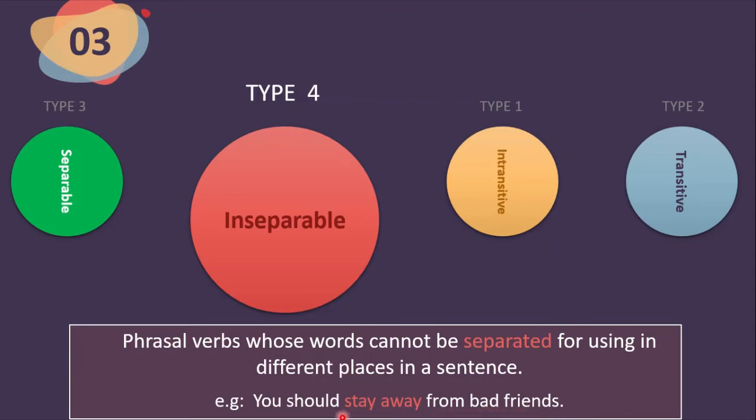This is correct, but we can't say you should stay from bad friends away. This is incorrect. Another example, he's trying to give up smoking. Accepted structure, but we cannot say he's trying to give smoking up. This is incorrect. Those are the 4 types of phrasal verb according to the grammar classification.